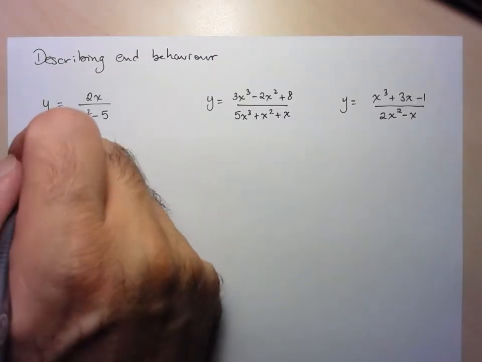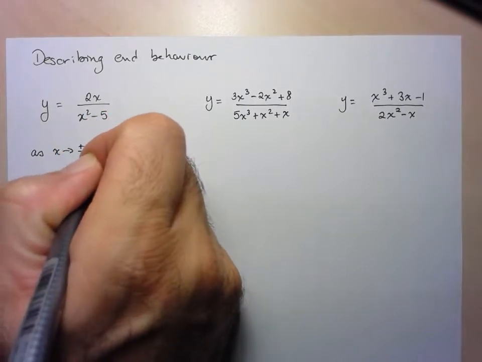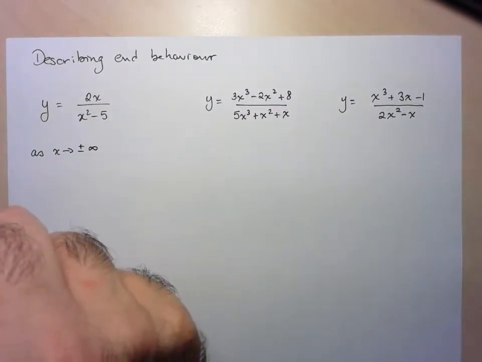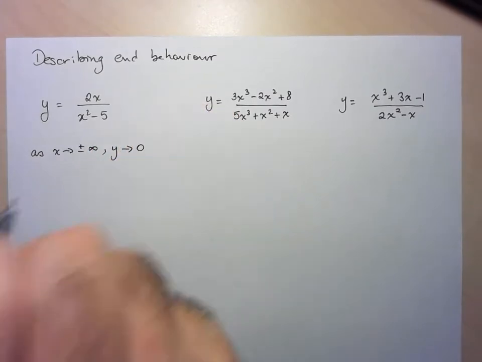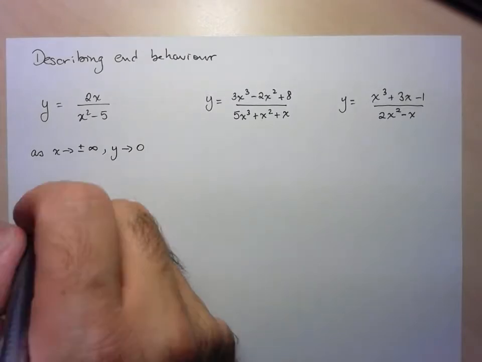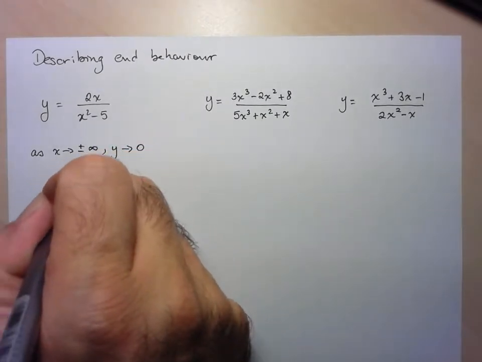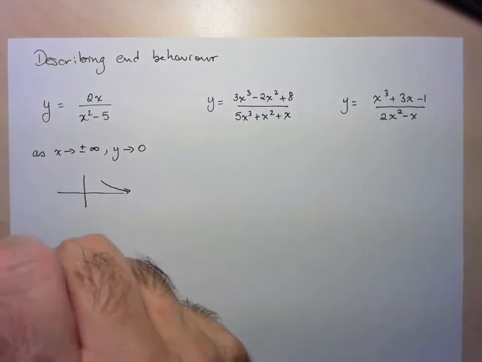So what we can say here is as x approaches positive or negative infinity, so regardless of which direction you're going, we know that y is going to be approaching 0. So this is the way you can state the end behavior. Now, think about what a function looks like that has that type of end behavior. So it might be approaching 0, let's say from the positive side.